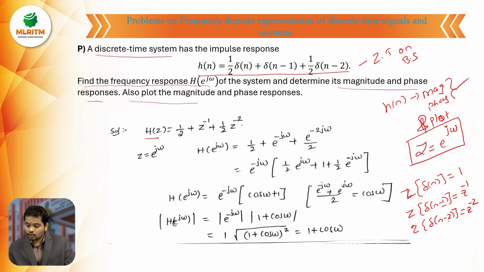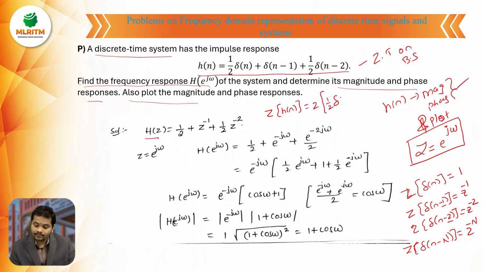Whatever the coefficient, the z transform of del of n minus capital N is z power minus N. Like that, I am applying the z transform to the above h of n response: z transform of h of n equals z transform of 1 by 2 del of n plus del of n minus 1 plus 1 by 2 del of n minus 2.